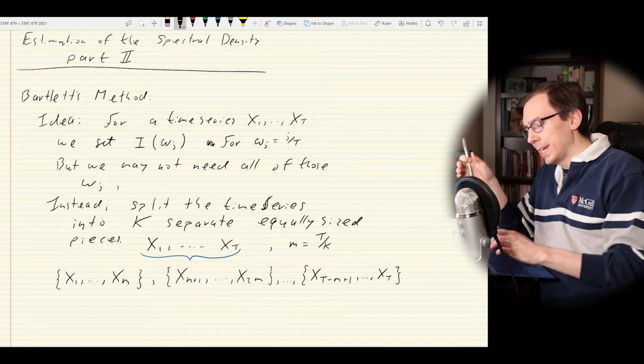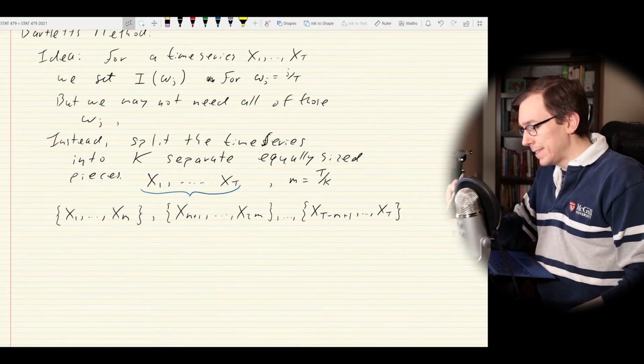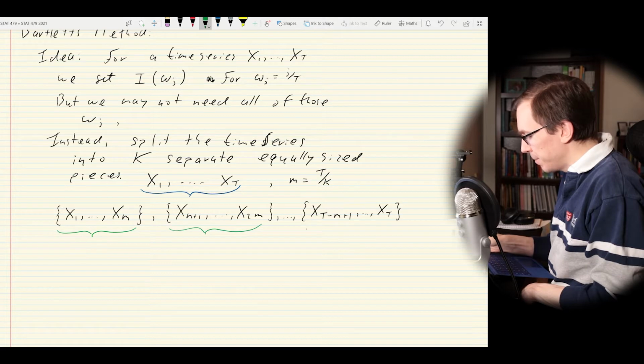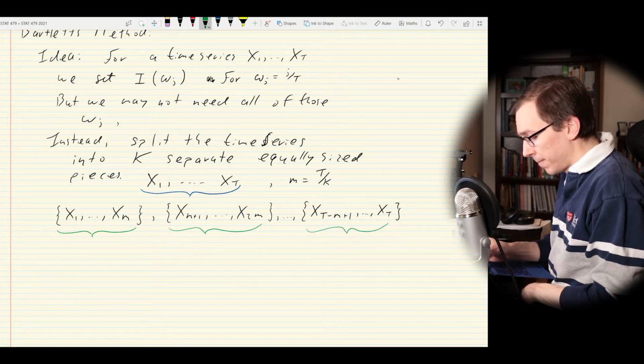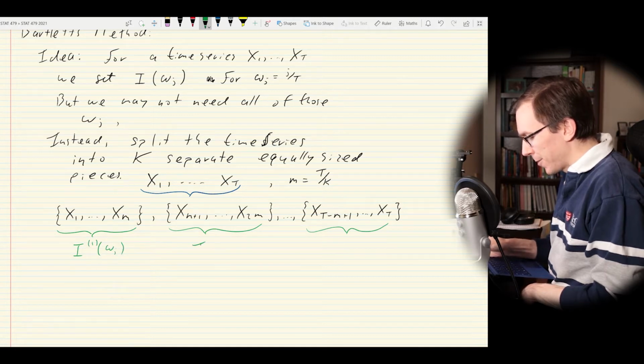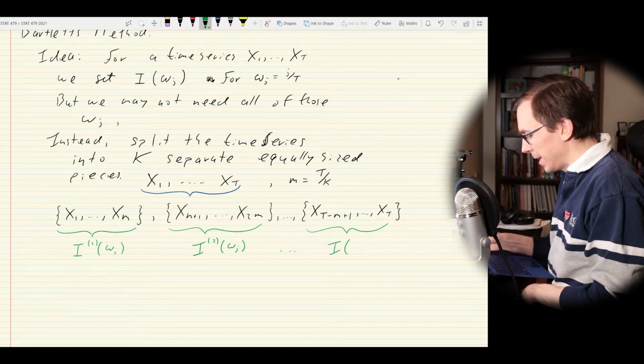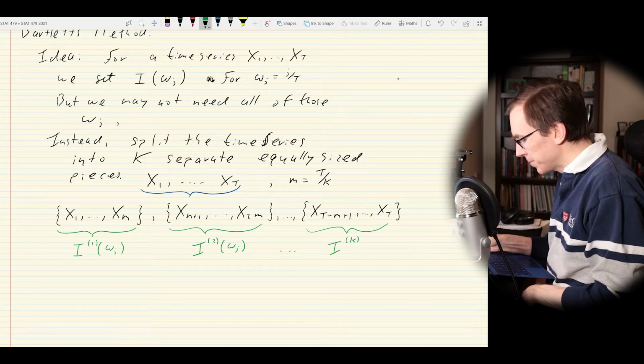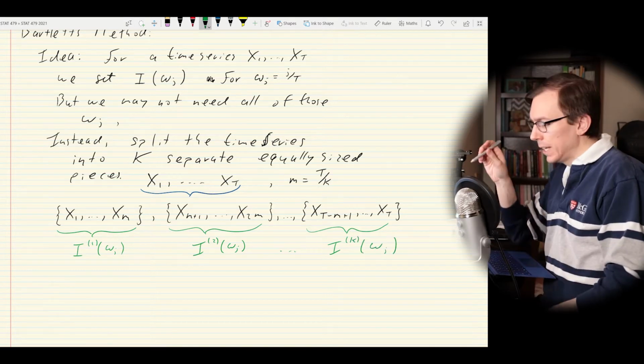So now we can take each of these sub time series pieces and compute a periodogram via the DFT. So we get periodogram number 1, periodogram number 2, and a periodogram number k.